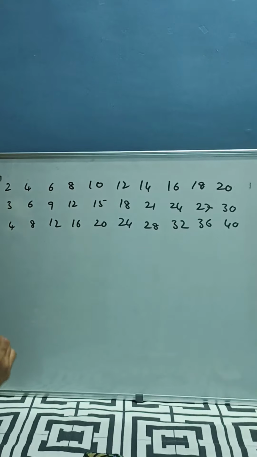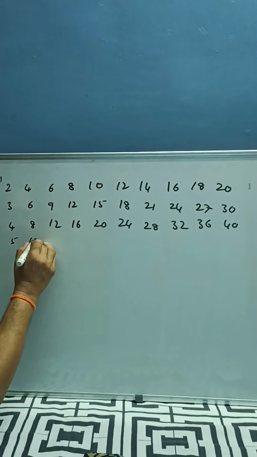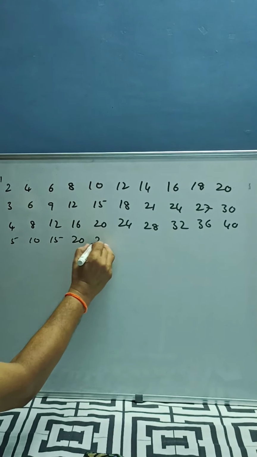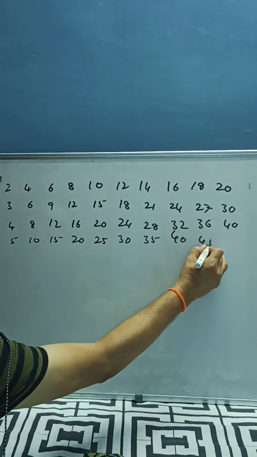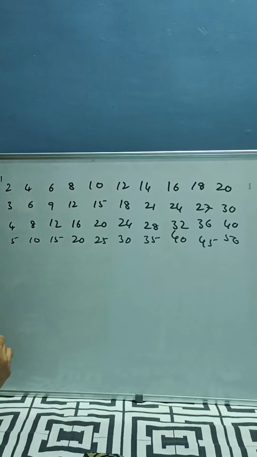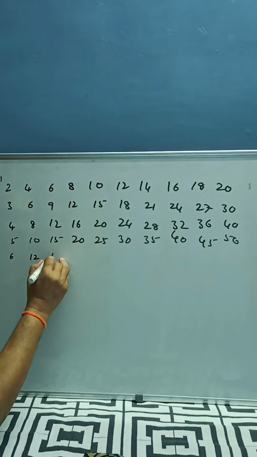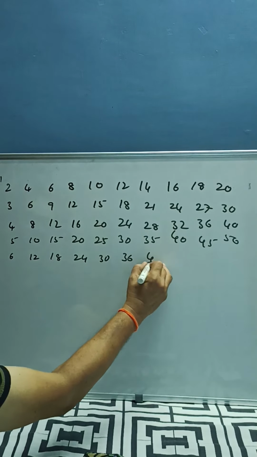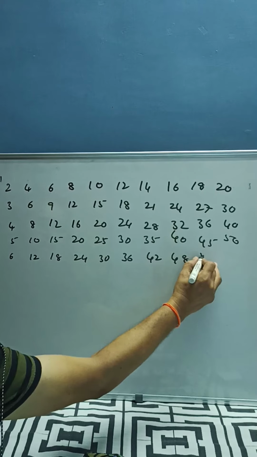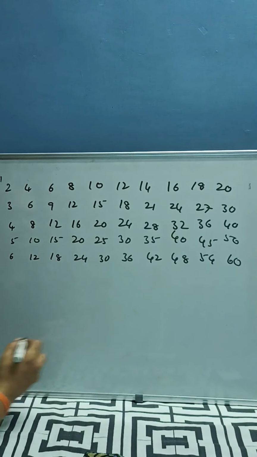Write the fifth table, 5, 10, 15, 20, 25, 30, 35, 40, 45, 50. Now write the sixth table, 6, 12, 18, 24, 30, 36, 42, 48, 54, 60.